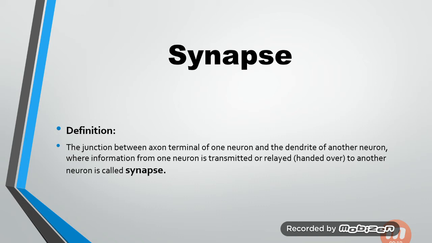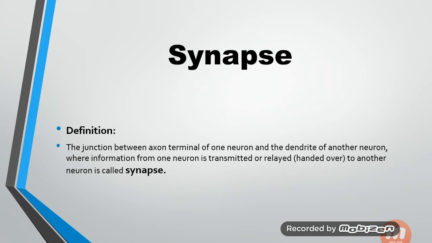A synapse is a junction between an axon terminal of one neuron and the dendrite of another neuron, where information from one neuron is transmitted to another neuron.